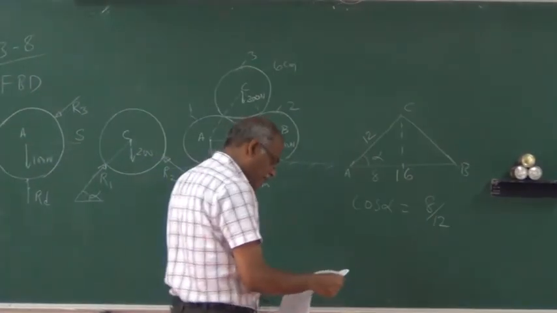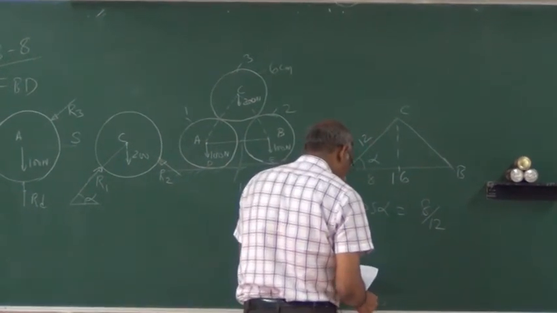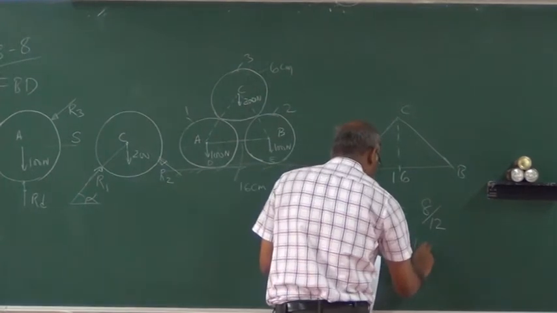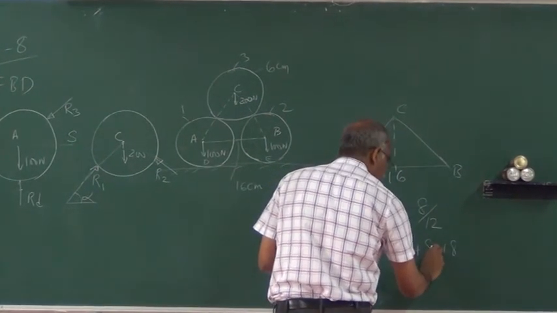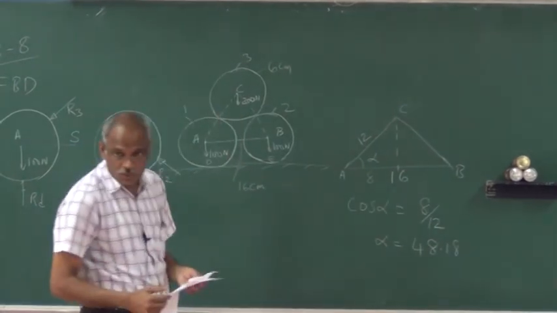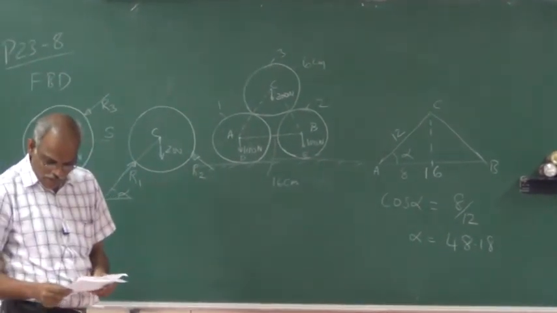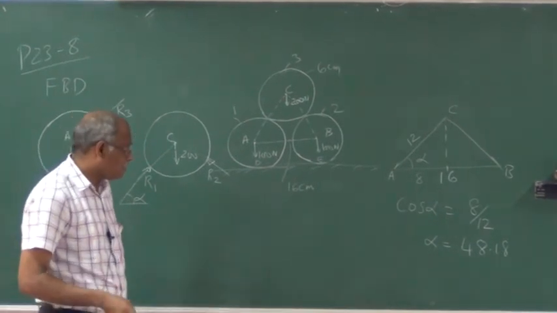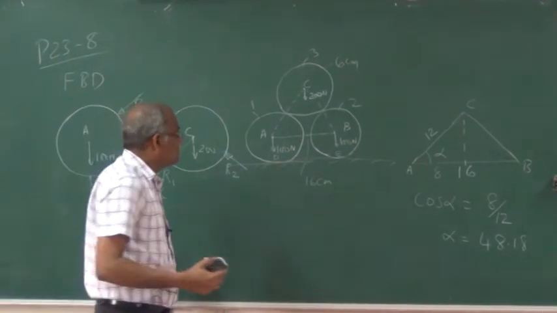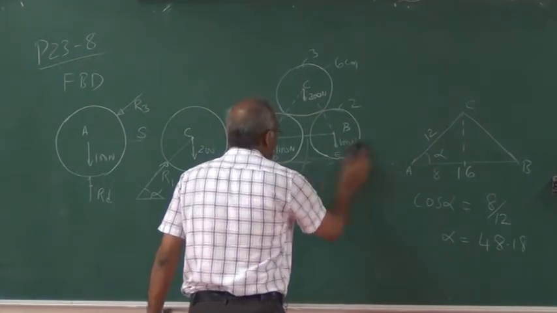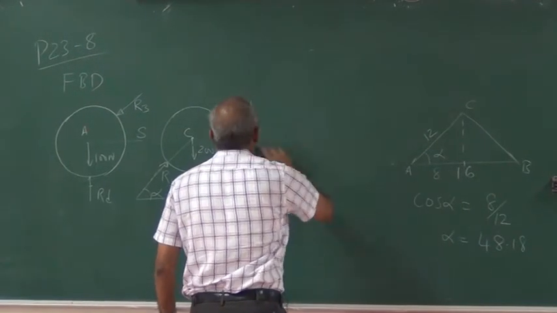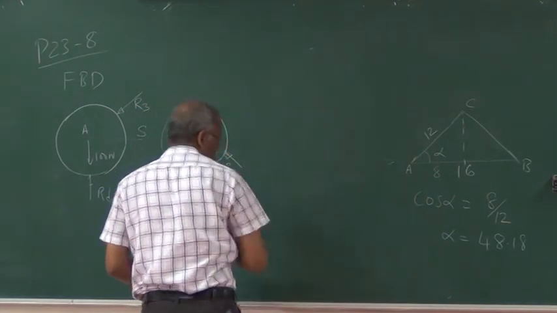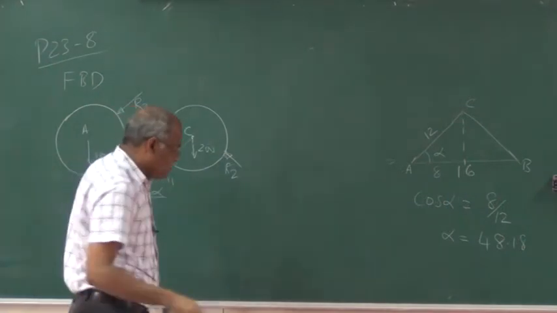So the alpha is going to be 48.18 degrees. You can calculate and check the angle, 48.18 degrees. So now, I think for space requirement I'll rub this out. So you have this alpha.